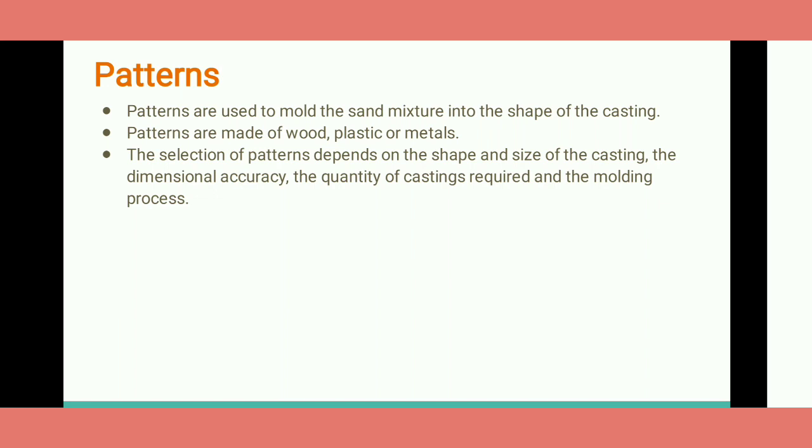shape of the casting that is required, and accordingly we shape the patterns. In other words, it's basically a replica of the metal casting, whatever shape is required, the same as what the casting is required to be.